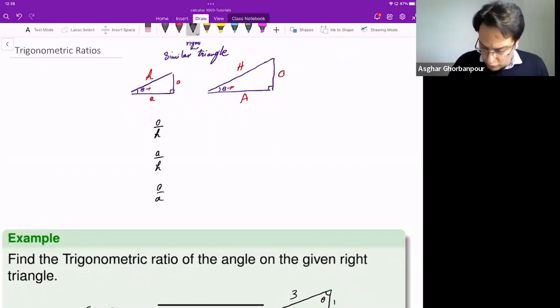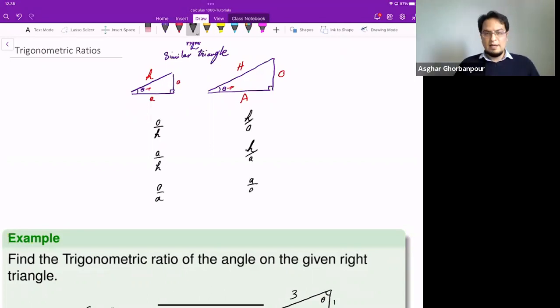or, well, there are two others, the inverses of these guys as well: H over O, H over A, A over O. It's very interesting. It doesn't matter whether you pick the values from this triangle or this other triangle.